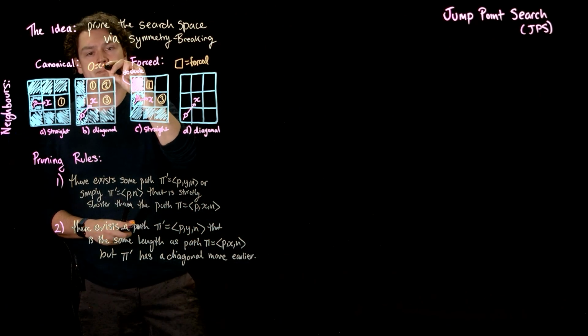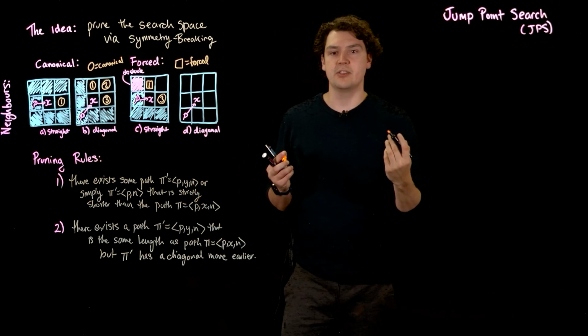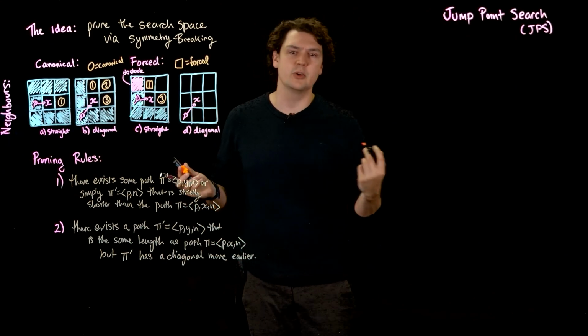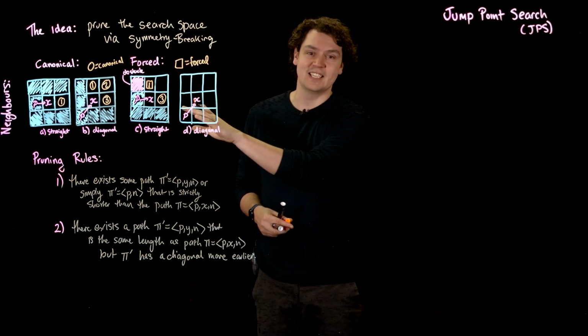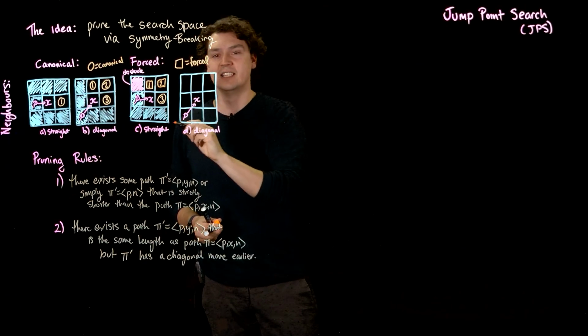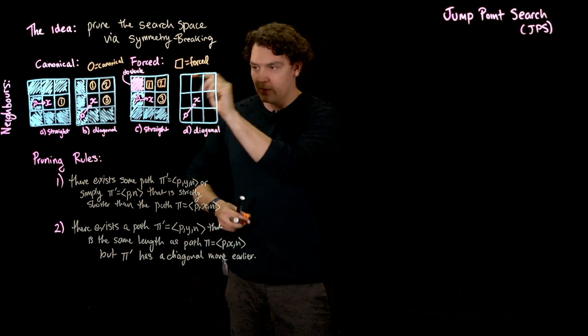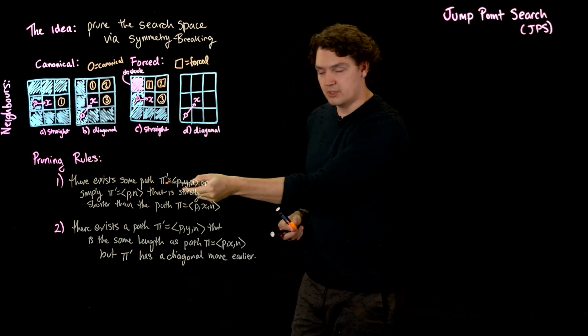So due to the same reasoning as before, there was no better path from P to node 3. Of course, you have to go through X to get there. Now, obviously that is giving you the spoiler that this node here is also going to be forced. How is that happening? Well, node 1 was a forced neighbour because of pruning rule 1.